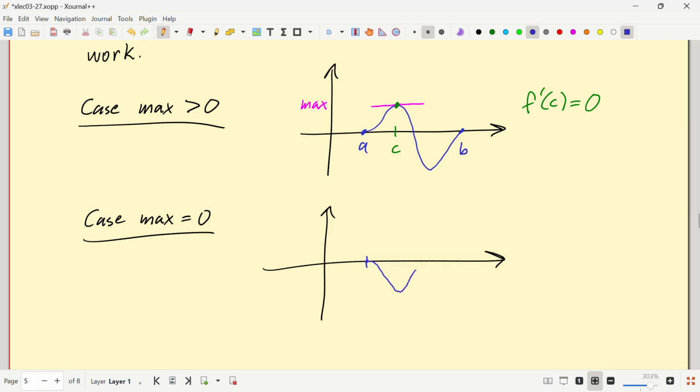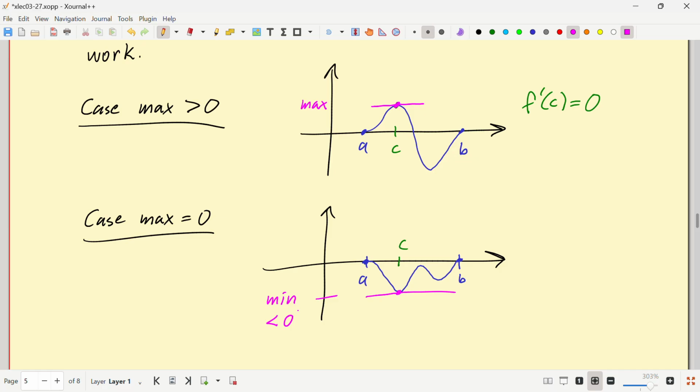Then I'm going to use the min instead of the max. I could make this come up and be 0 here if I wanted to. a, b. Now I use the min. This would be the min, and it would be strictly less than 0, because the dumb case is that f is constant. If it's not constant, it would go negative at some point. Anyway, there's a picture proof.